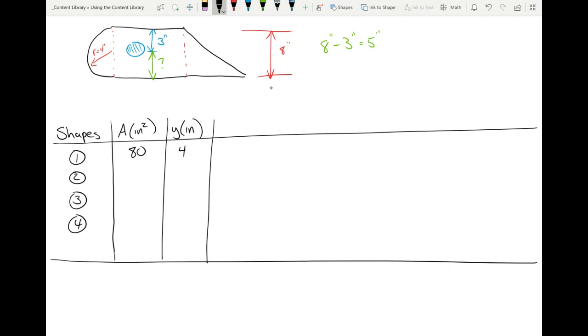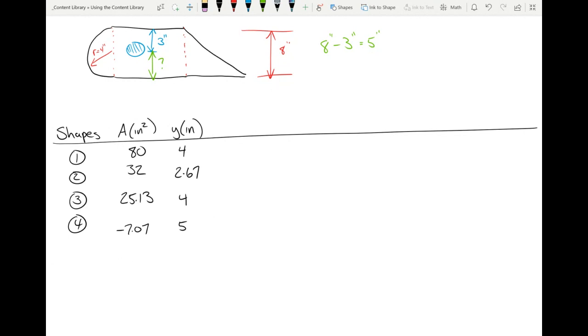The triangle had an area of 32, and this was 2.67. We got that this was 25.13, and this was 4. This was 5, and this was 7.07, but it's negative because it's a hole. Okay, maybe I can squeeze this up a little bit on space. Maybe I can do a little better.